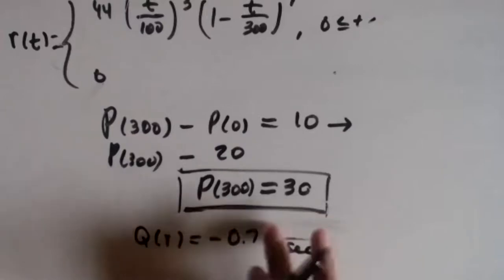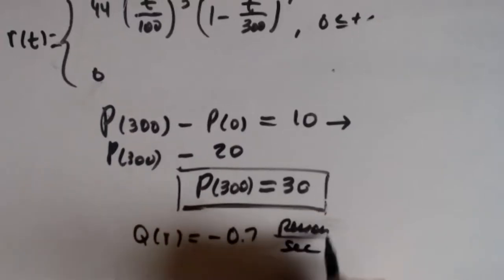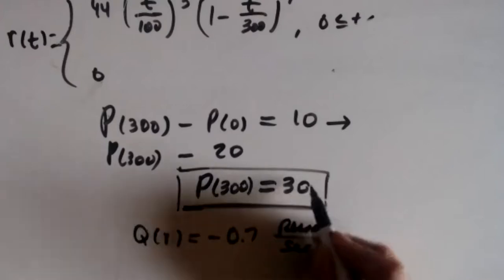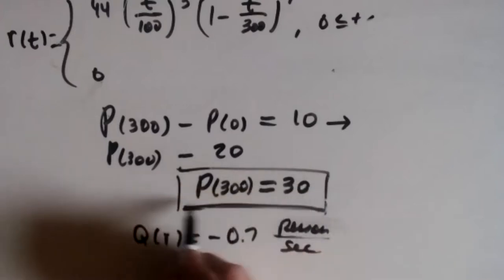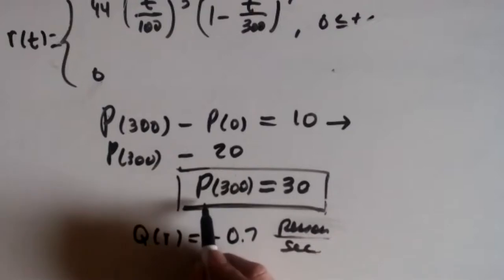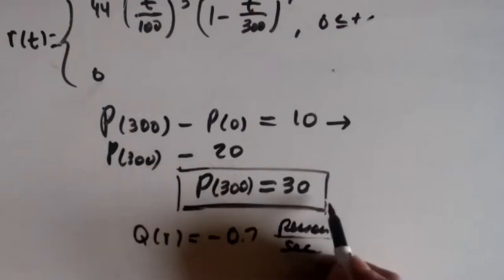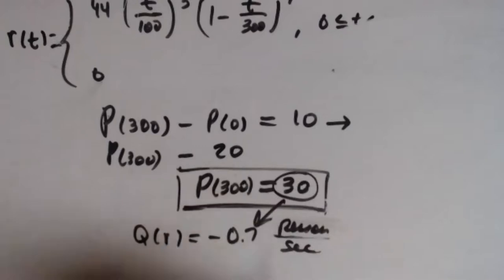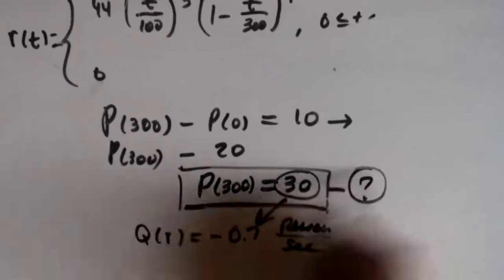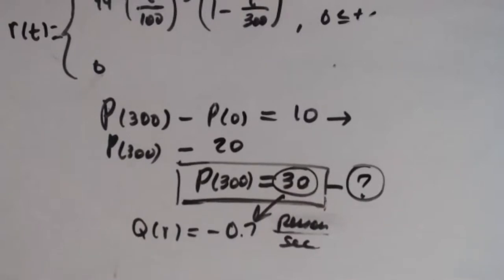Or persons per second. So these 30 are all the people in line at 300 seconds, but by the end of the 300 seconds, some of these people were entering at this rate. So I have to subtract something here, correct? What do I have to subtract?